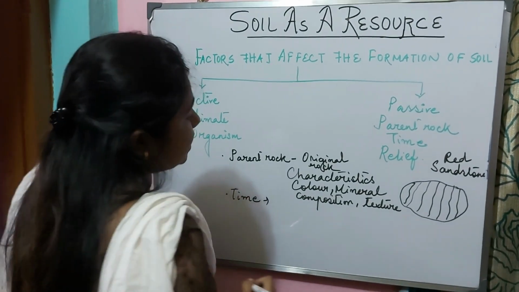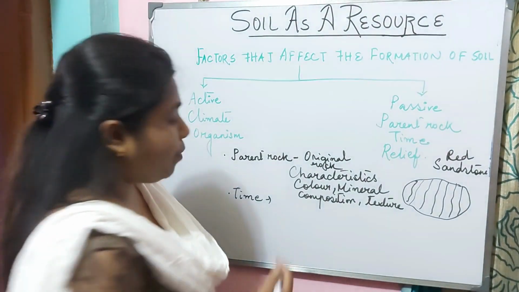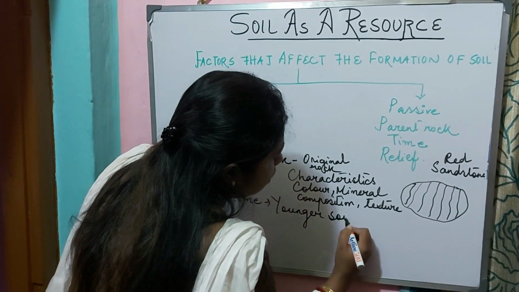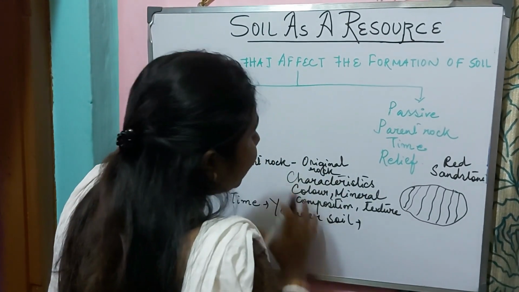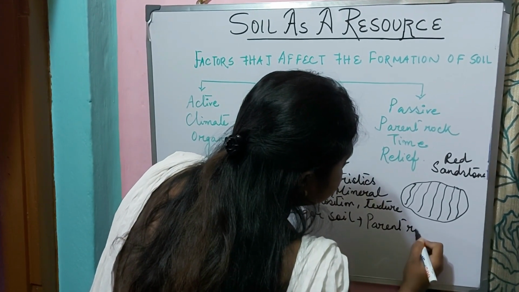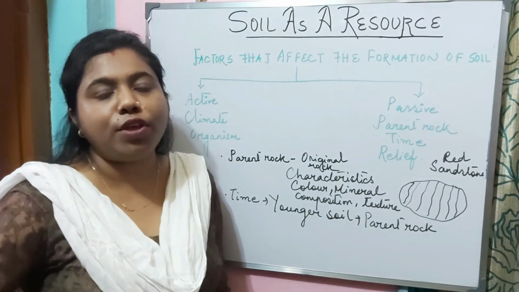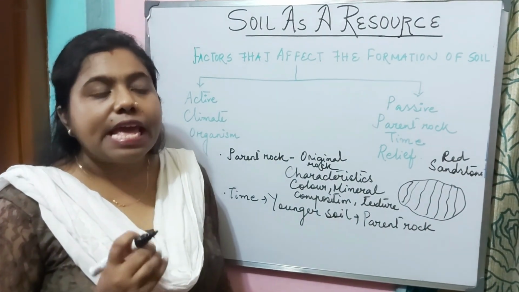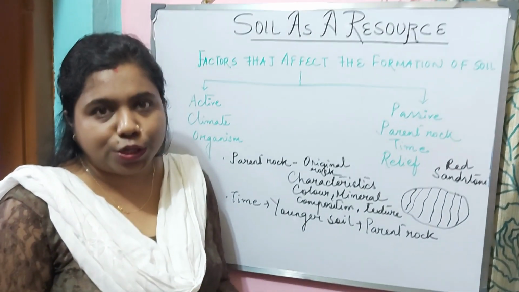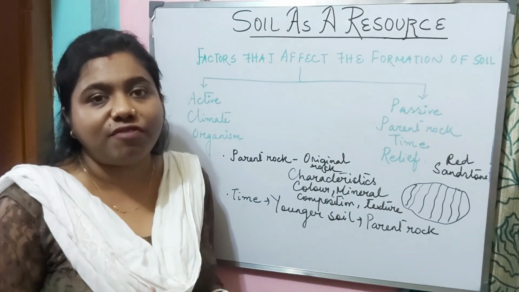Time plays another important role in the formation of soil. The younger soil will have more characteristics of the parent rock, but as it ages, as time goes by, more minerals get added to the soil, and the composition and texture of the soil will vary.